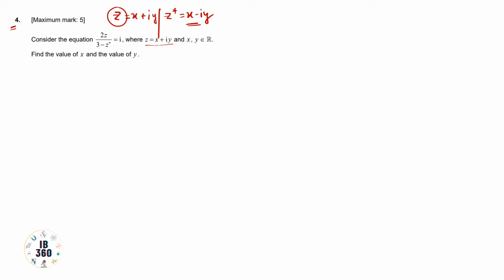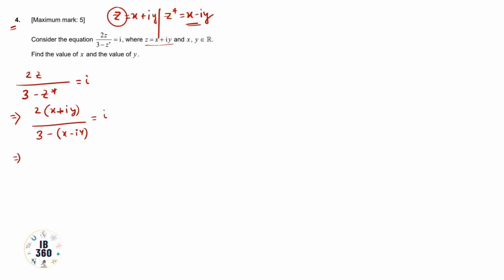Now the problem becomes very easy: 2z divided by (3 minus z*) equals i. So now we put in the value of z, which is x plus iy, so 2(x plus iy) divided by 3 minus z*, which is x minus iy, equals i.